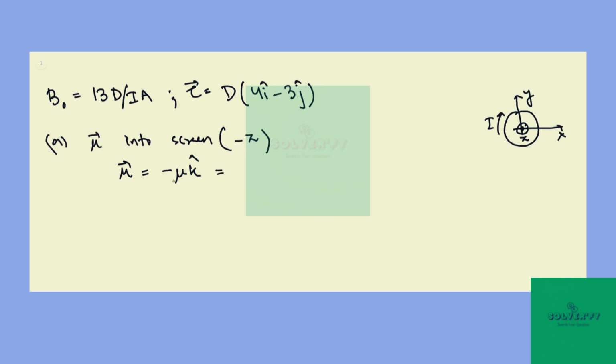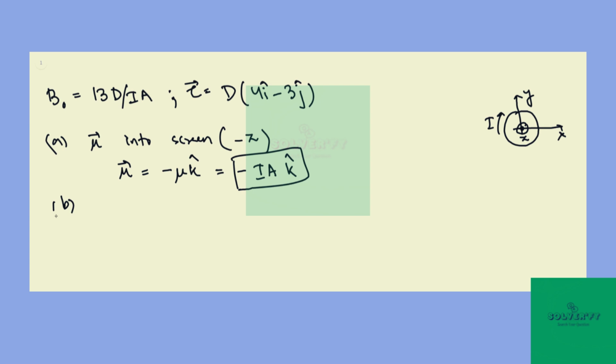Now we know that the magnitude of the magnetic moment is given by current times the area, and you can leave this answer like this, or you can simplify it by saying that the area is pi r square, because this is a circle. But in this case, since our B naught is given in terms of I times A, we are just going to leave the magnetic moment with this expression.